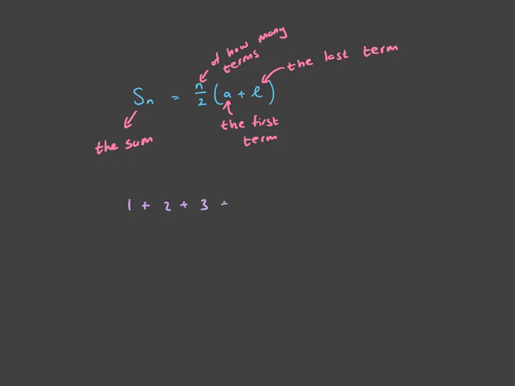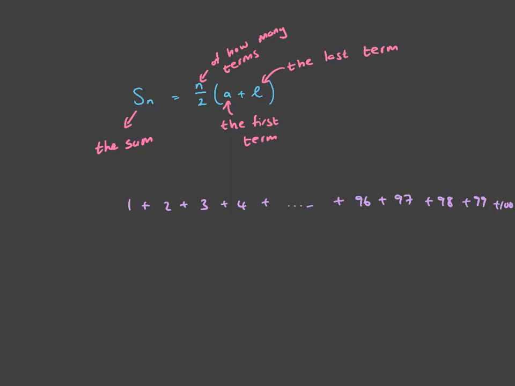So 1 plus 2 plus 3 plus 4 plus and so on, plus 96 plus 97 plus 98 plus 99 plus 100. And apparently he got the answer within a couple of seconds. We're not sure if this is the real story, but anyway, it's a cool story. So let's go for it.